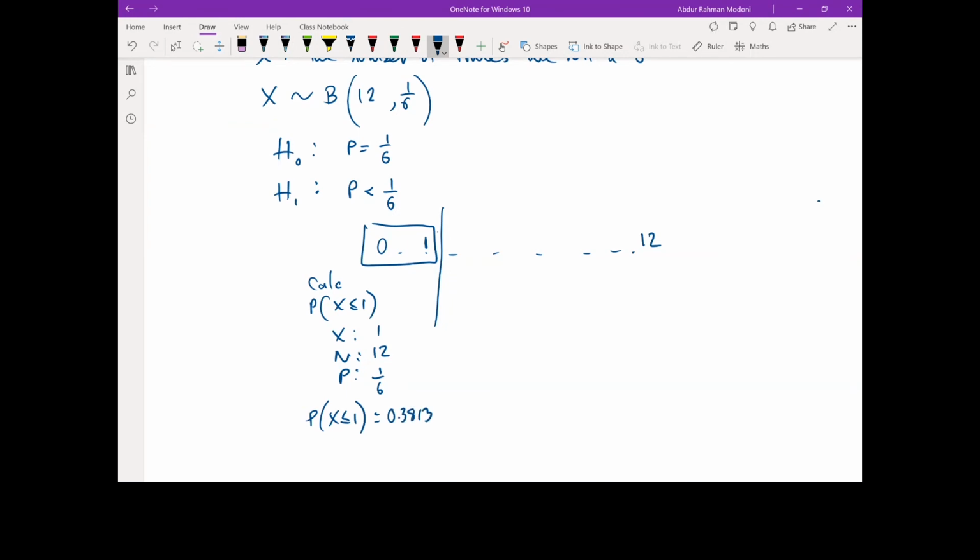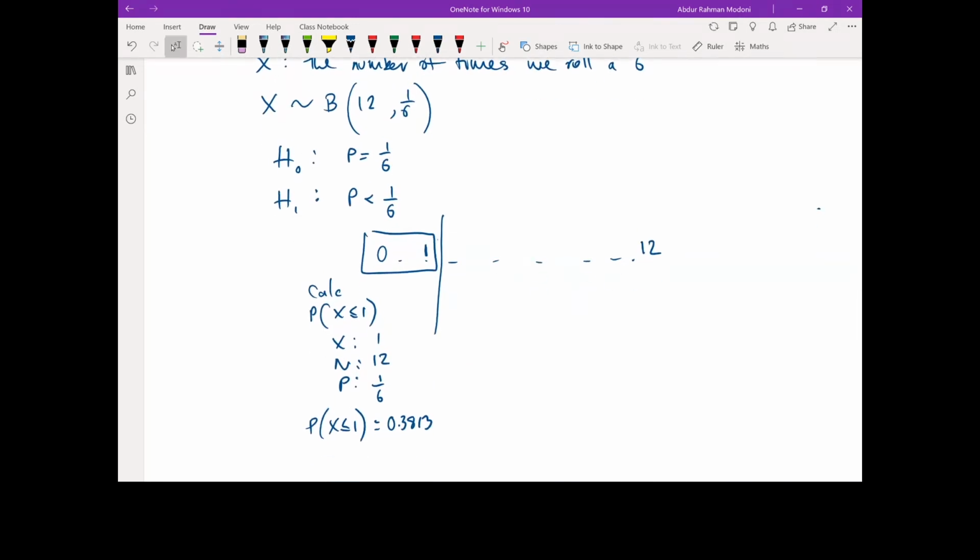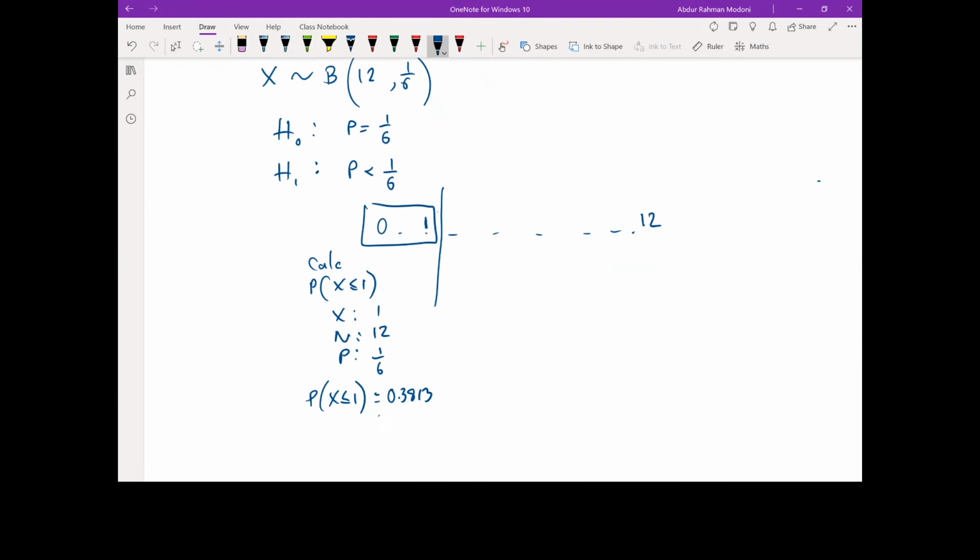So this is what is appearing in the test. Now we need to compare this to the 5% significance level. We'll turn this into a percentage: 0.3813 times 100 is 38.13%. You can see that this value is greater than the 5% significance level. You have to be less than the significance level in order to reject the null hypothesis.